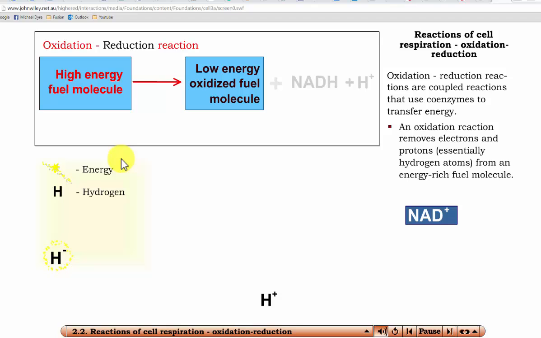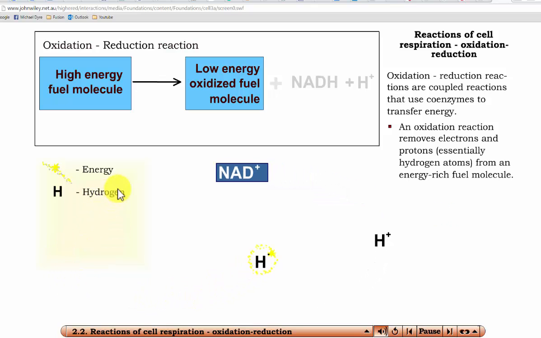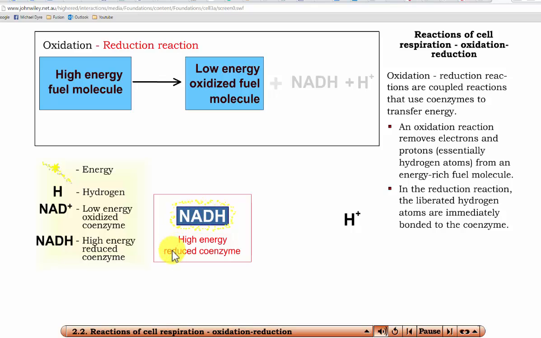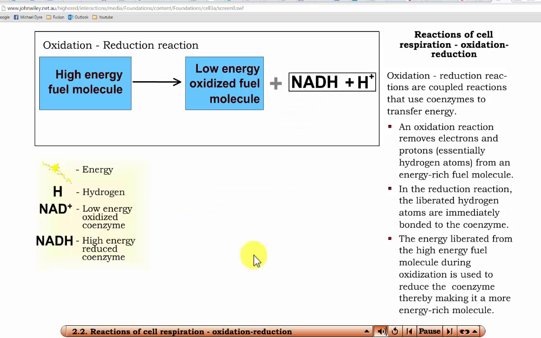Oxidation reactions liberate energy in the form of hydrogen atoms from high-energy fuel molecules. Using a coenzyme like NAD+, reduction reactions transfer the liberated energy to the reduced coenzyme NADH. As a result of oxidation and reduction reactions working together, the reduced coenzymes now carry the energy that was once in the fuel molecule.